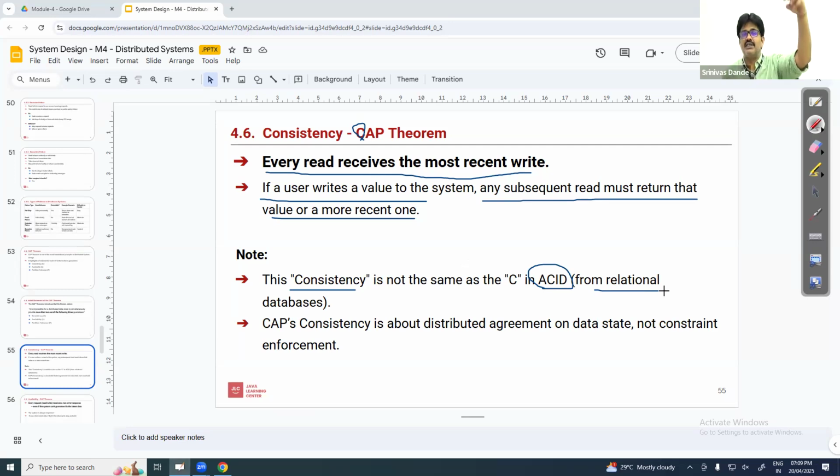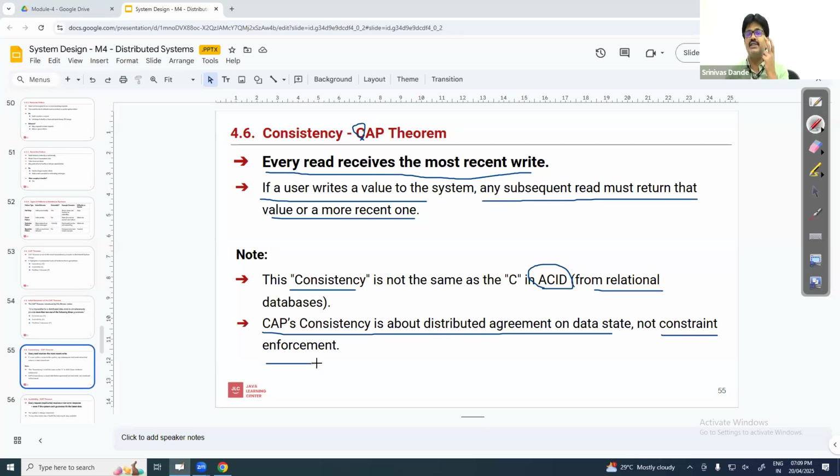ACID transactions and guarantees are specific to relational databases only. That C is different. CAP's consistency is about distributed agreement on the data state, whereas ACID's C is about constraint enforcement.